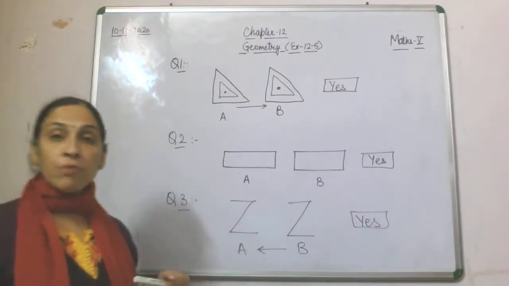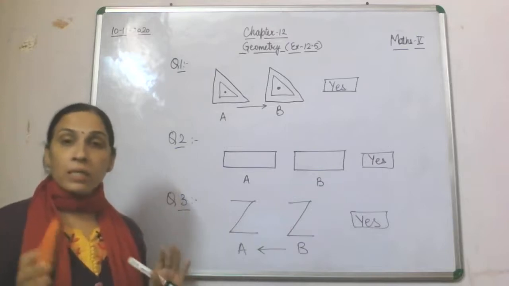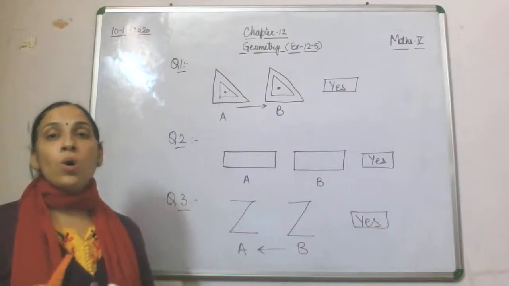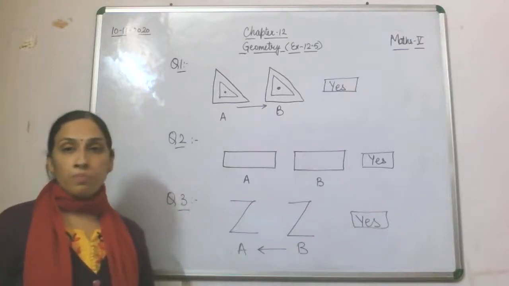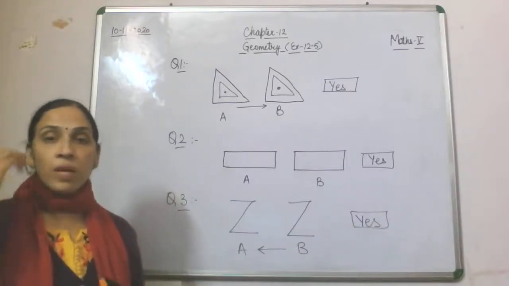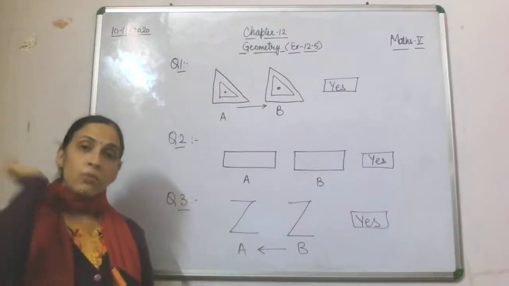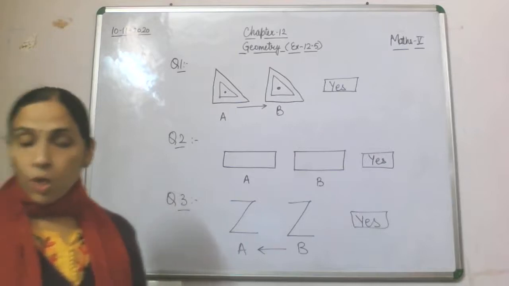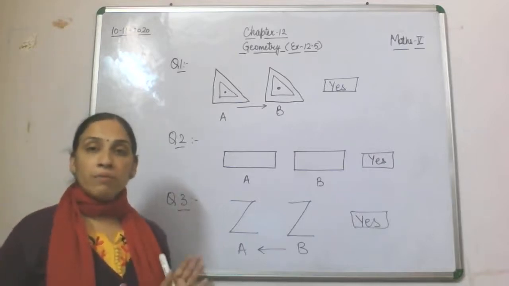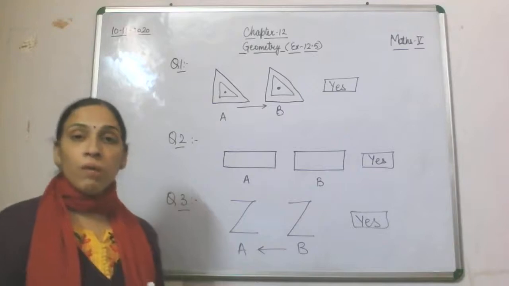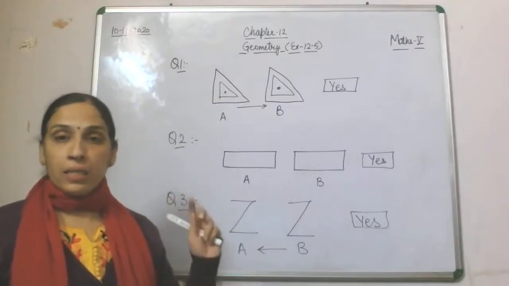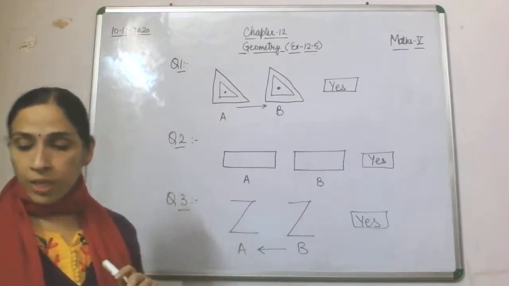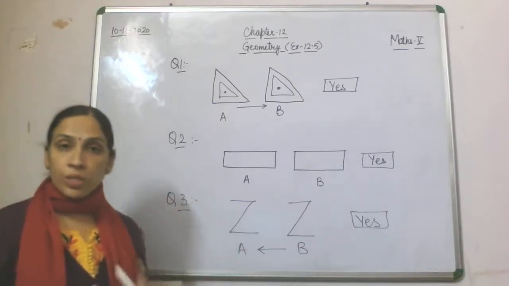In reflection, I have told you, if you are raising your right hand, then in the opposite figure, or the person who is standing, or in the mirror, you will find that it shows you raising the left hand. Fine. So if I put anything in front of a mirror, that is the mirror reflection of that particular object.